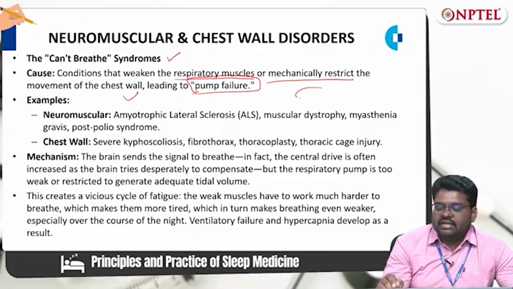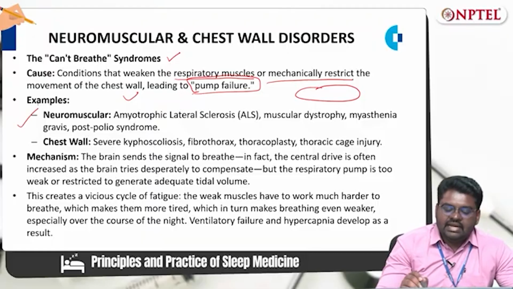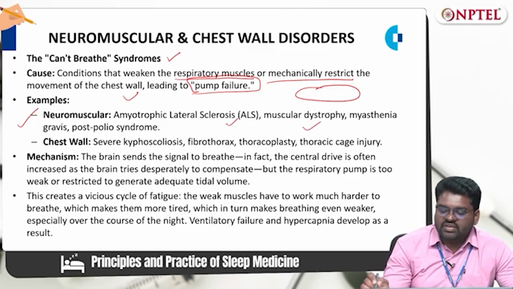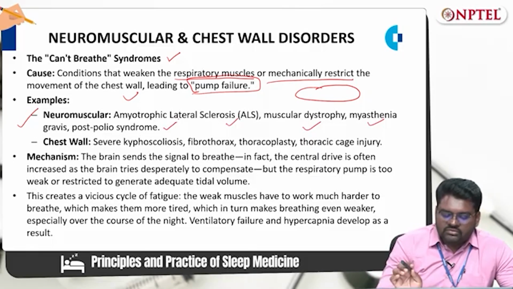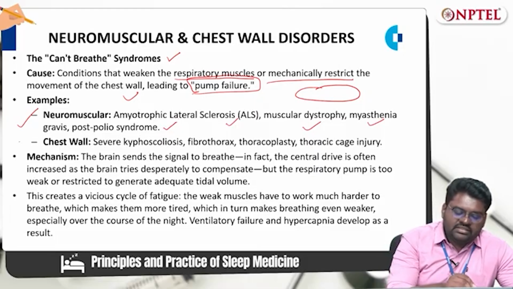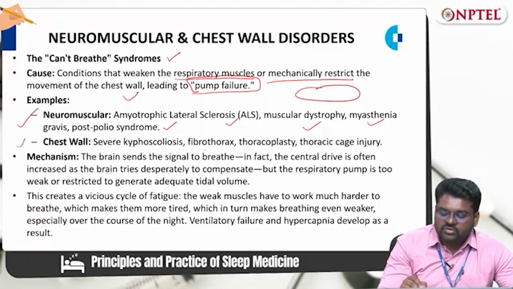So there won't be adequate inspiration and expiration. Examples are neuromuscular conditions like amyotrophic lateral sclerosis, muscular dystrophy, myasthenia gravis, post-polio syndrome. Chest wall disorders include severe kyphoscoliosis, fibrothorax, thoracoplasty and thoracic cage injury.